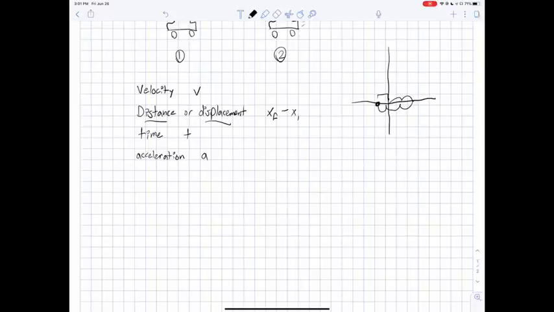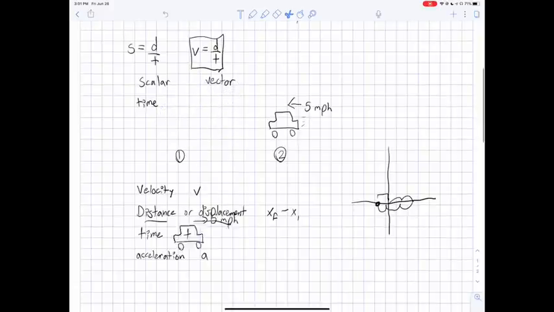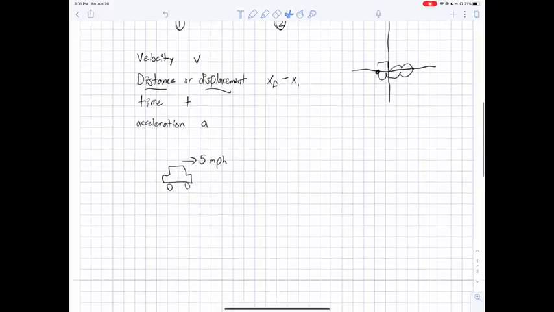Now, acceleration is going to be important because it shows us how our object is either speeding up or slowing down. Now, if our velocity is constant, right, our velocity is not changing, let's say our car is always going to move at the same speed. It's always going to be 5 miles per hour. That is when our velocity is constant.